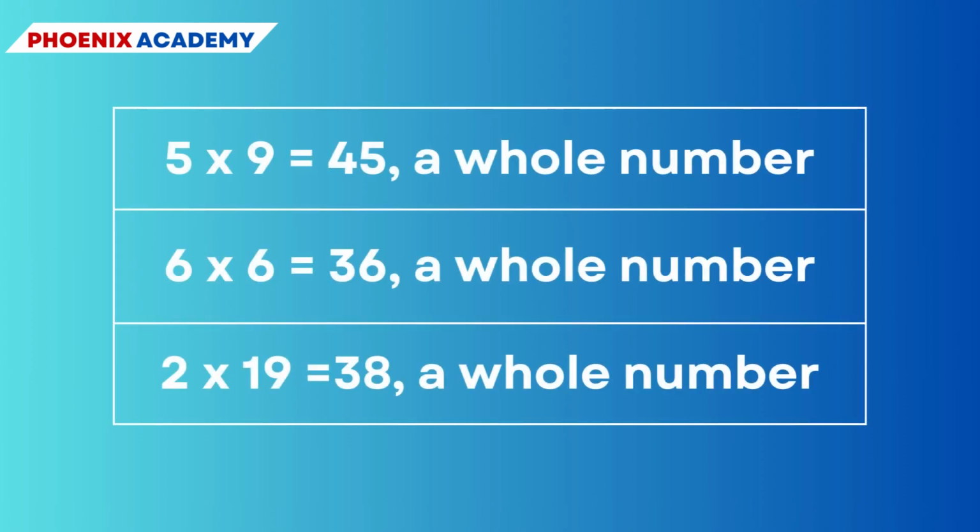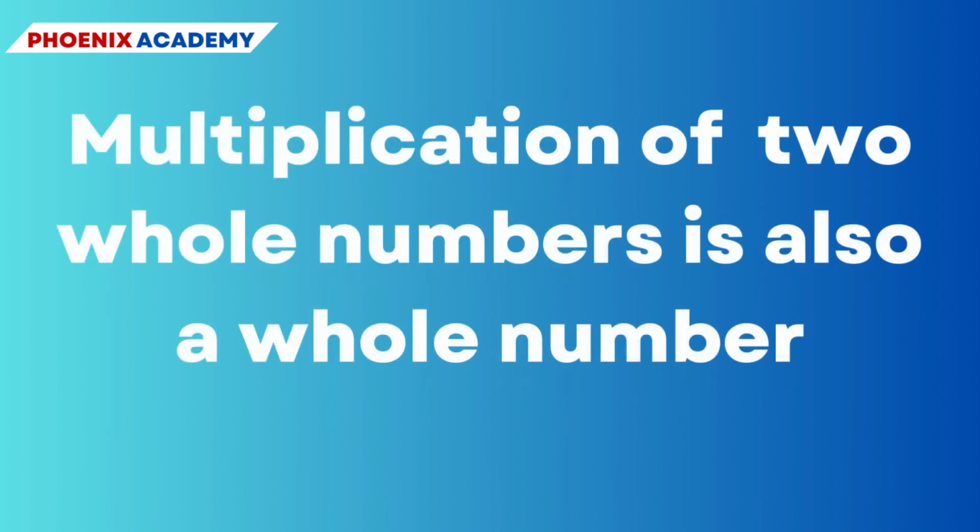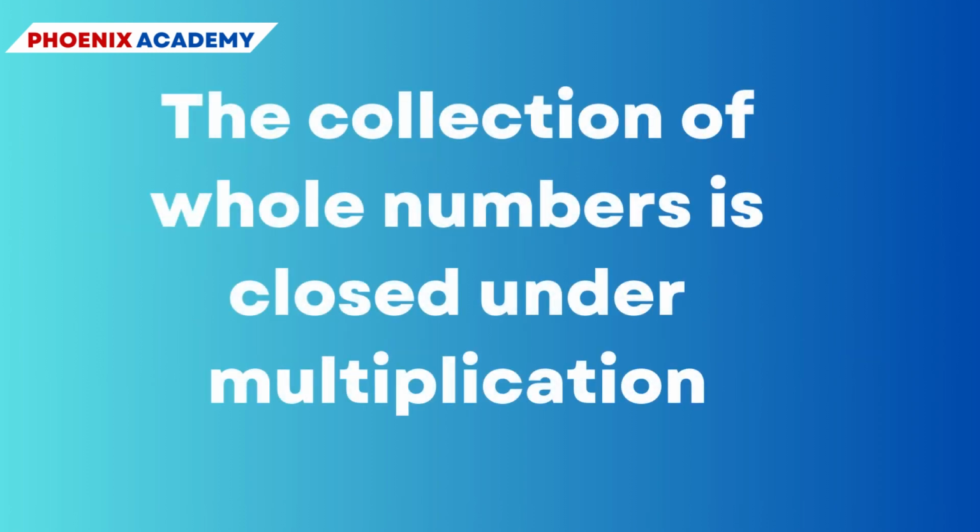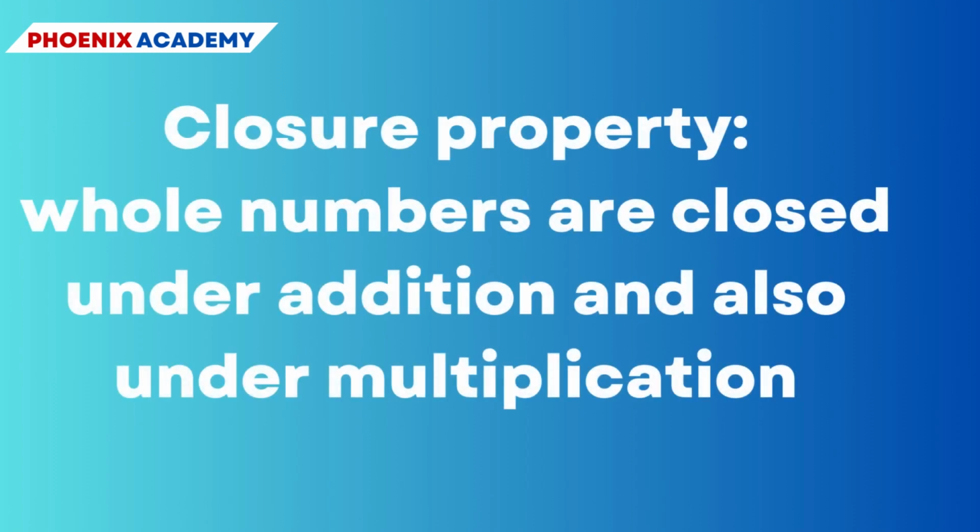Similarly, in multiplication also, the multiplication of two whole numbers is also found to be a whole number. So we say that the system of whole numbers is closed under multiplication. So the closure property is: whole numbers are closed under addition and also under multiplication.